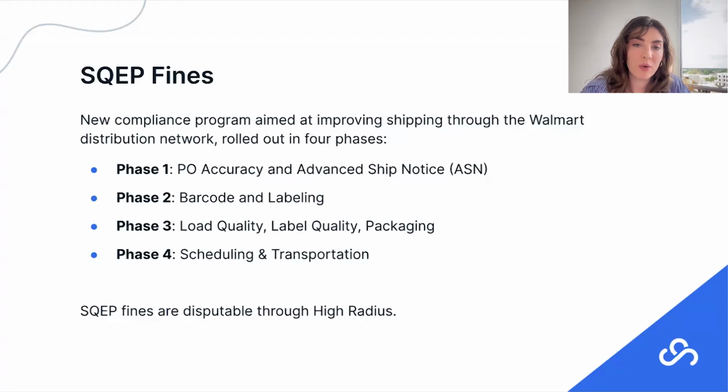The one that we're going to be focusing on the most today is phase 1 with PO accuracy and advance ship notice, so ASNs. But here's a list of the other phases: barcode and labeling, load quality, label quality, packaging, and then scheduling and transportation, which hasn't rolled out yet, but that's been on Walmart's docket for a while, so we're including that here.